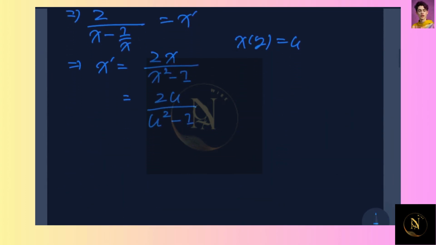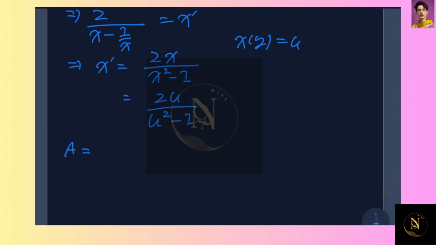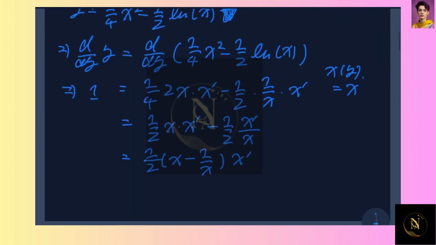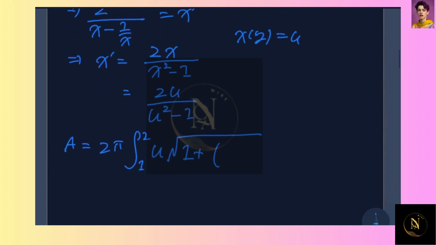So then we have the surface area equal to 2 pi, integral from 1 to 2, of u times the square root of 1 plus the quantity u squared minus 1 over 2u squared, du.